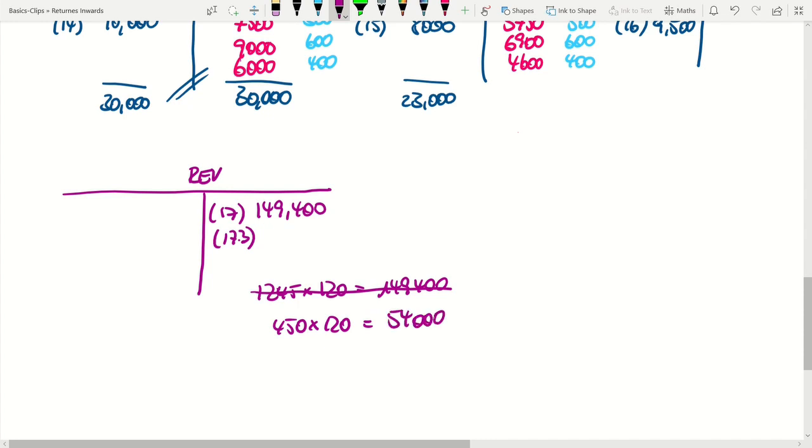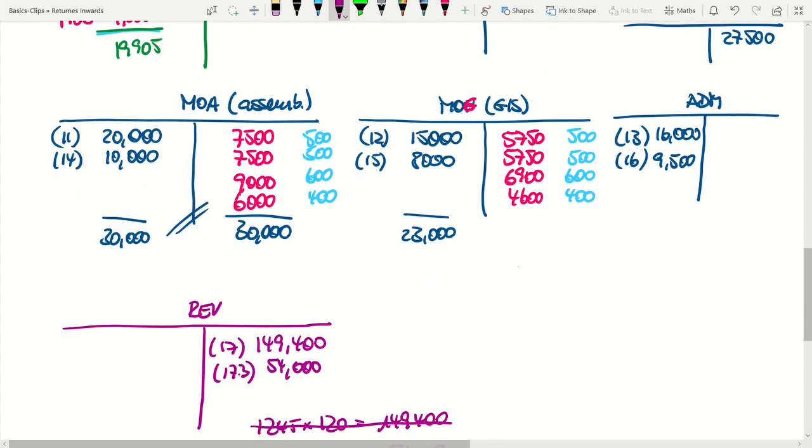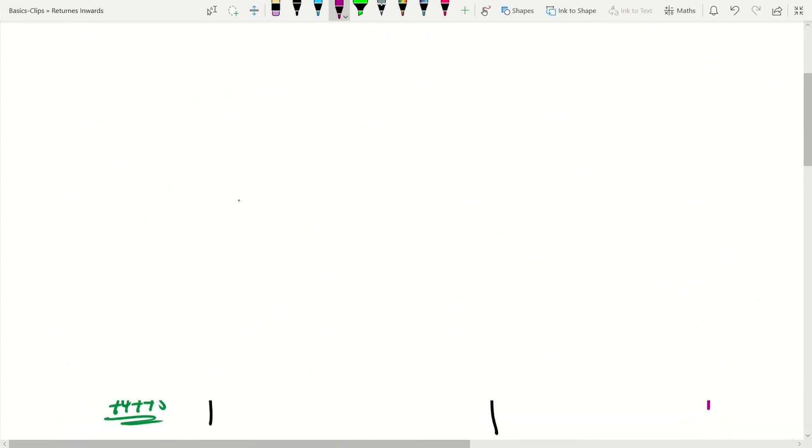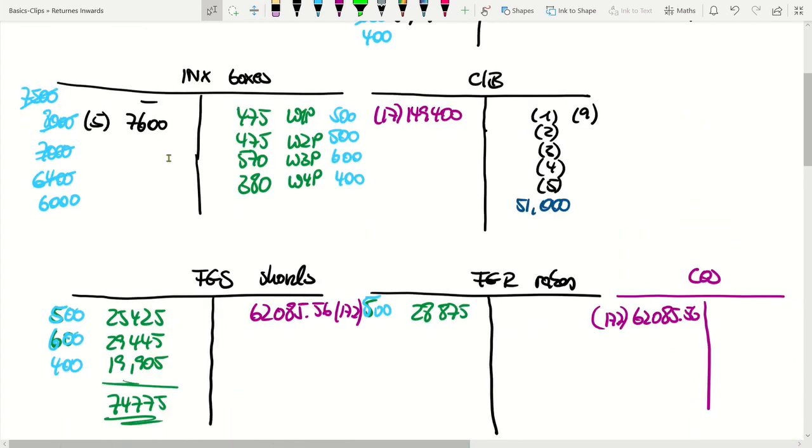It's 54,000. It's a credit entry in the revenue account, and I make a debit entry in cash bank, $54,000.